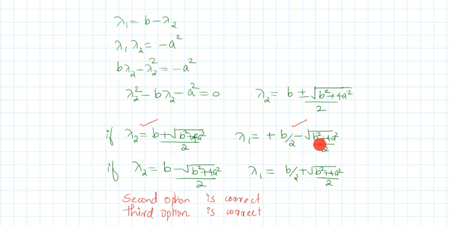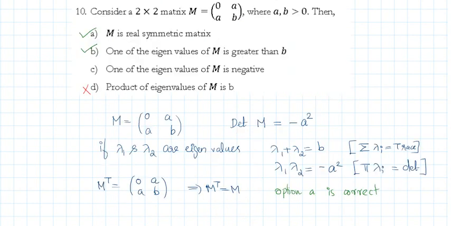Since the second term is larger, this difference will be negative. So one of the eigenvalues is negative. That is also correct. First three options, A, B, C, are correct. D is wrong. If you write all these three as correct options, you will get 2 marks. Otherwise, you will get 0 marks.